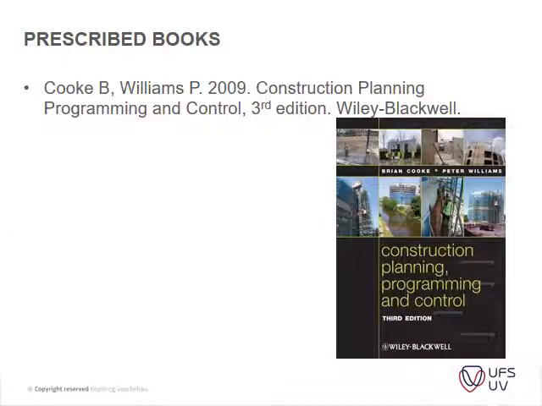Okay, then we get to the prescribed books. The Cook and Williams book is very important to get. All of the study material, or all the work that we're going to do, is based on this book. Even though it's an old book, it's a very practical book that you can use in practice as well. There's templates for requests for information, templates for method statements, and so forth, and very practical examples.